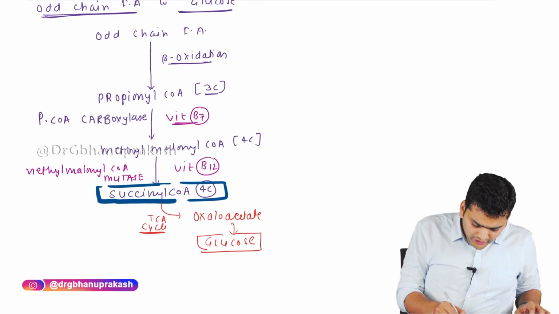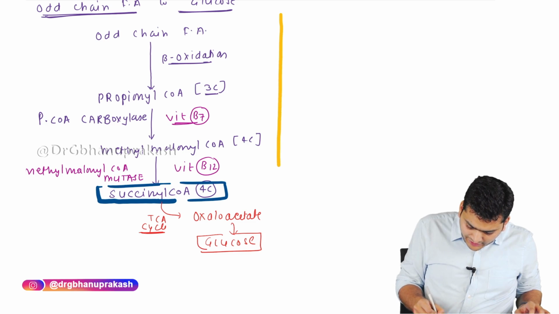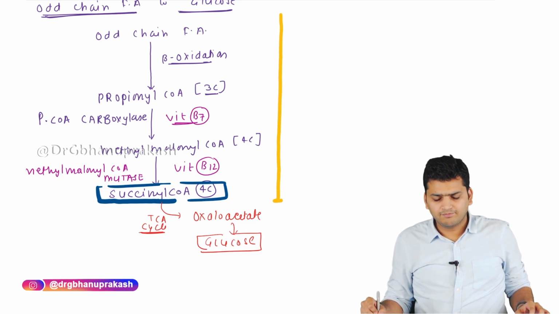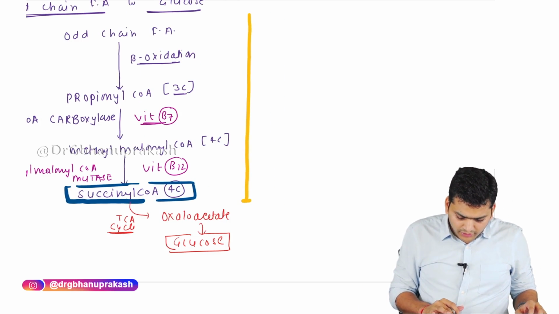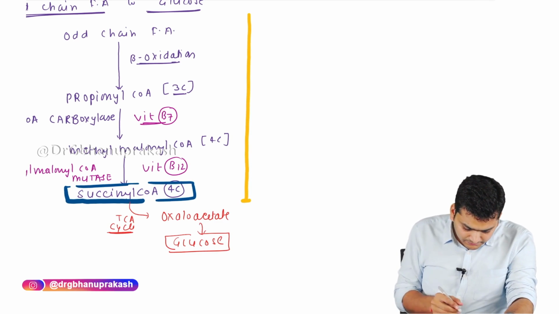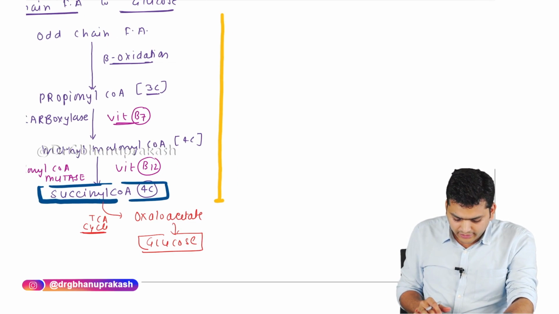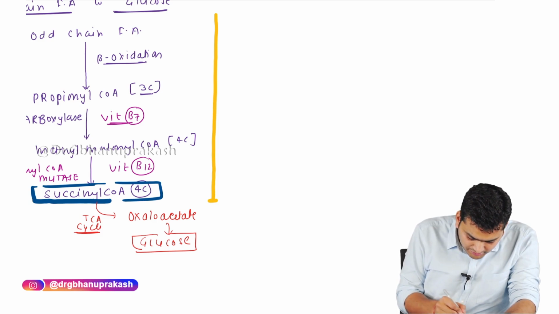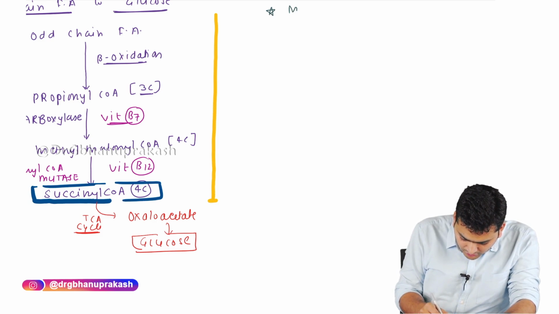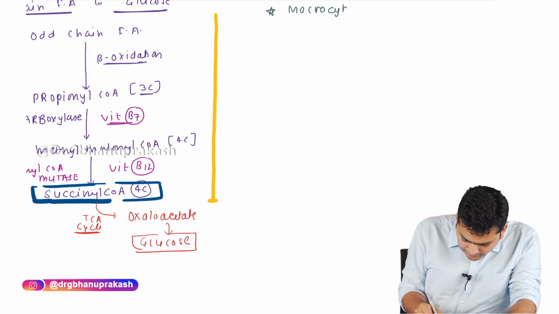What is the clinical correlation that we should be familiar with, and that is really highly tested. They are going to give you a scenario, but first let me make the background clear: there is something called macrocytic anemia. What does macrocytic anemia stand for?